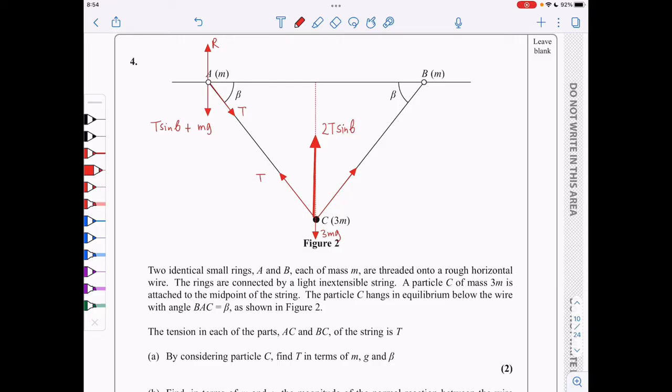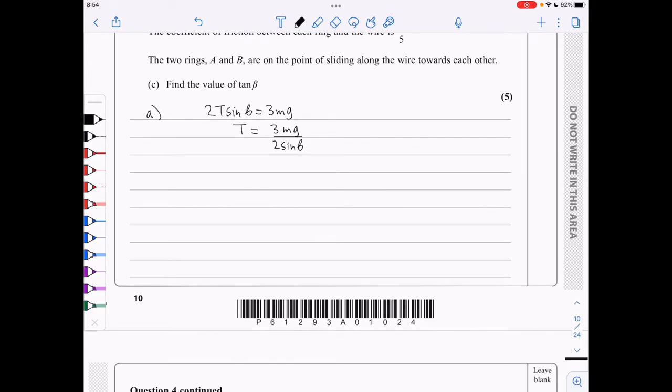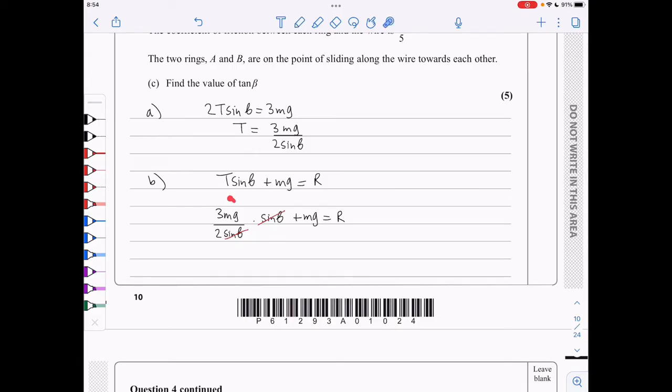So T sine β plus mg is equal to R. We know that T is 3mg over 2 sine β, so 3mg over 2 sine β times sine β, plus mg, is equal to R. The sine β's cancel out, and 3 over 2 mg plus 1 mg is 5 over 2 mg.